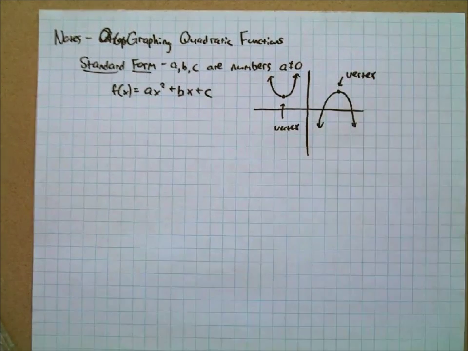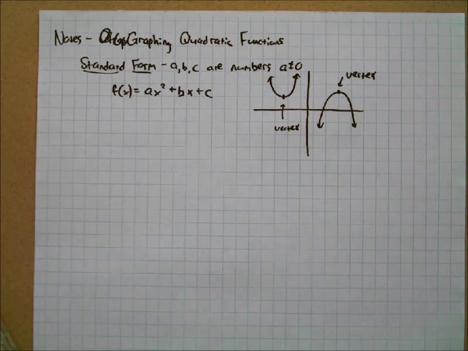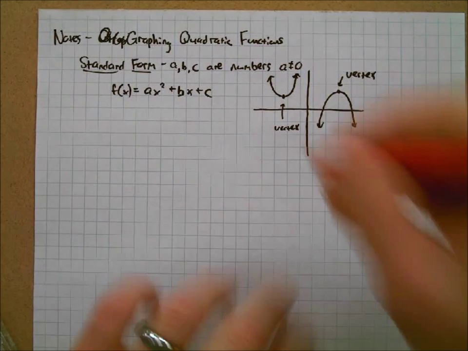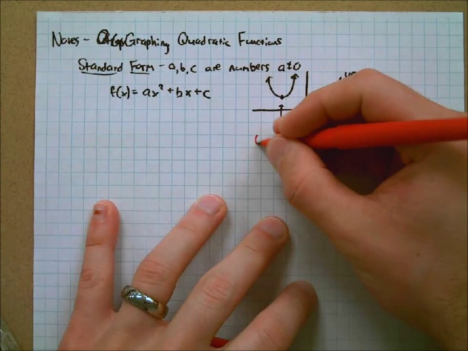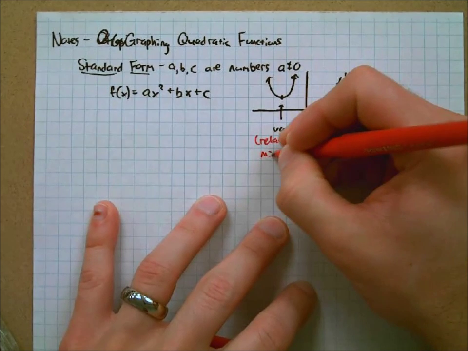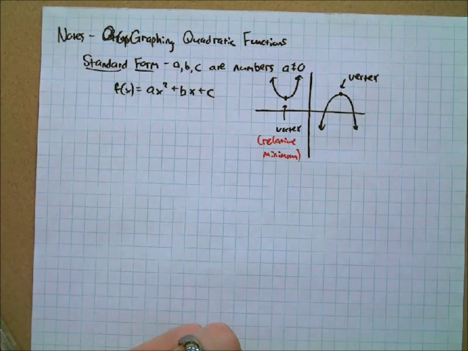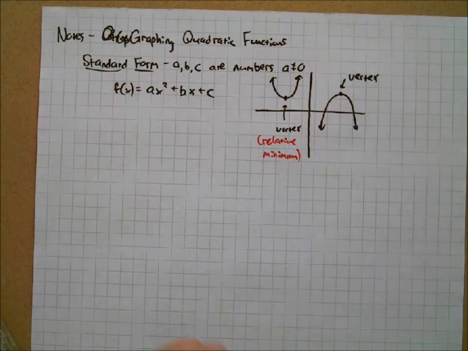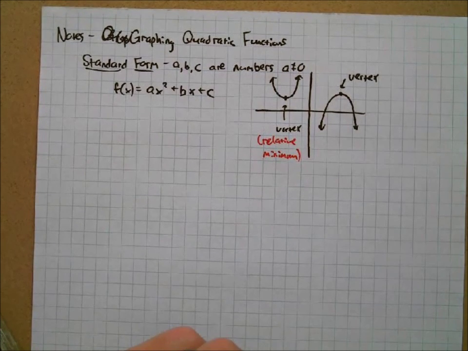Another way we talk about the vertex: if the vertex is the lowest point, another name we have for that is a minimum. So we can talk about it being a relative minimum, like that. Or really, in this case, we could talk about it being an absolute minimum too. These are words you're going to see later on in calculus as well, where you'll be identifying and calculating them from other things. But in this case, we'll just stick to the relative minimum.